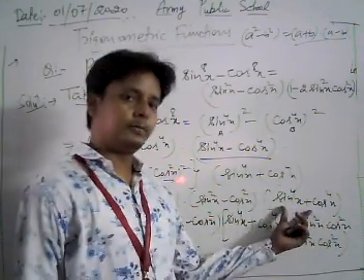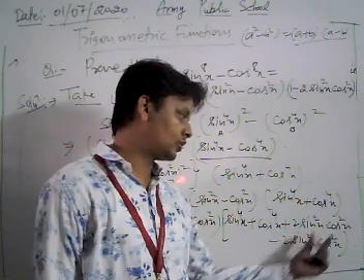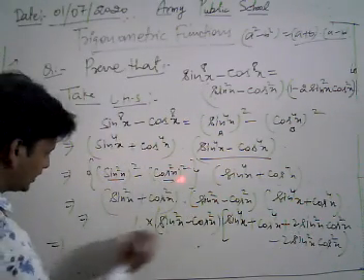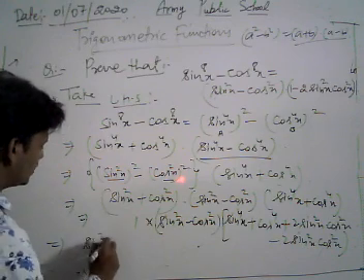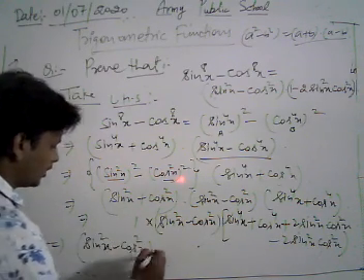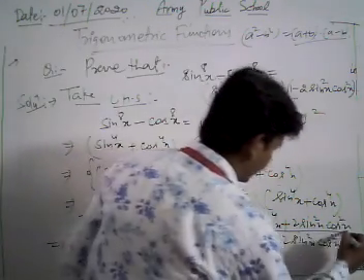In that part we add and subtract 2 sin²x cos²x. Okay, now we get what? sin⁴x minus cos⁴x... that part is right.